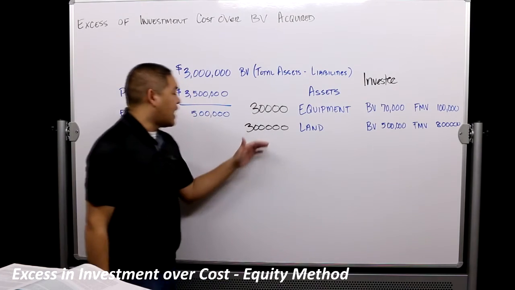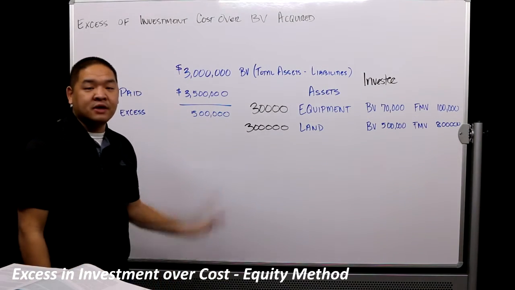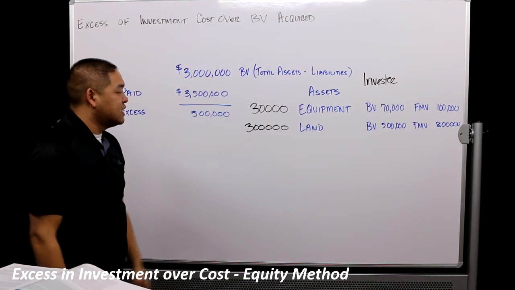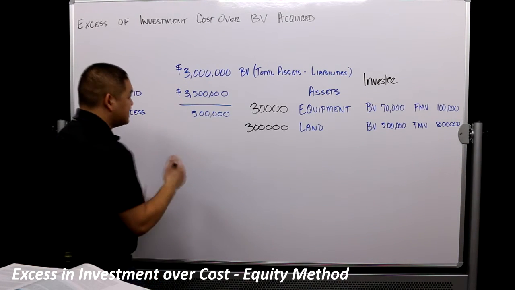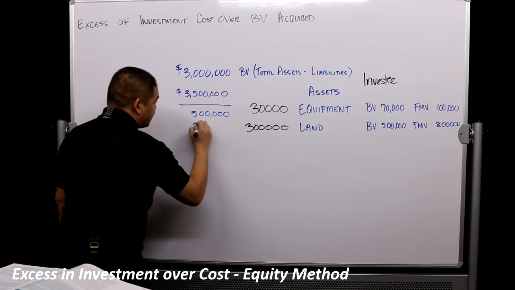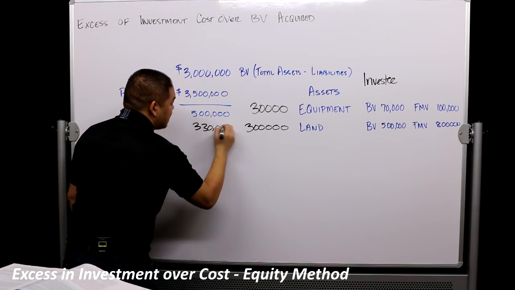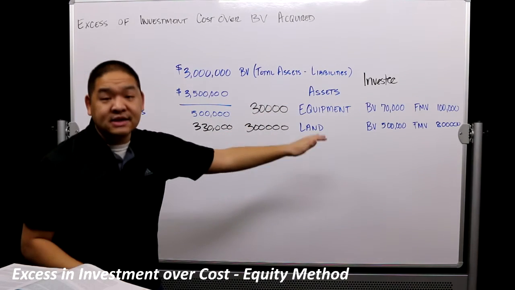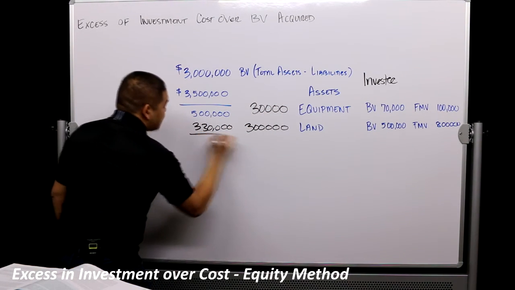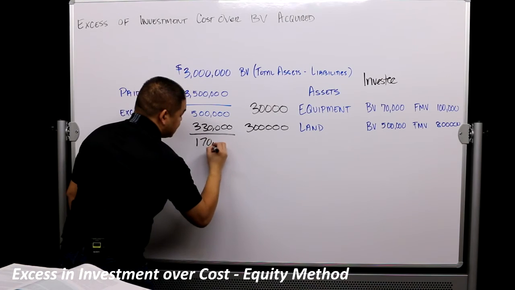Okay? So then we can allocate more of this $500,000 to this $300,000 difference between the fair market and the book value. Okay? So at the end of the day, what happens? We have $330,000 that we could allocate because these are undervalued assets. Okay? That leaves us with $170,000.